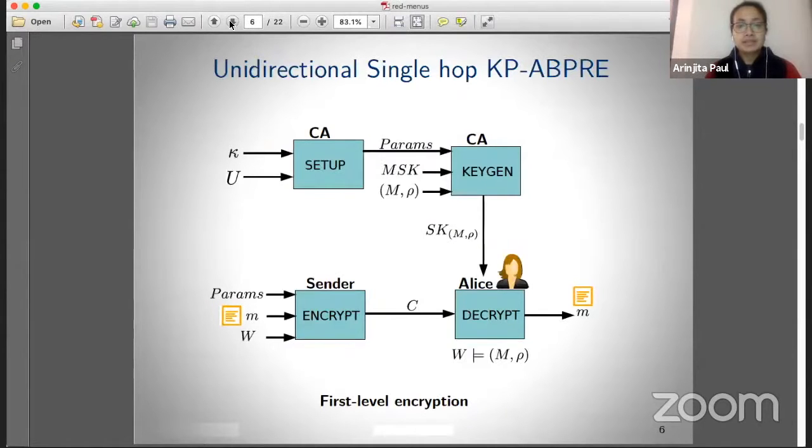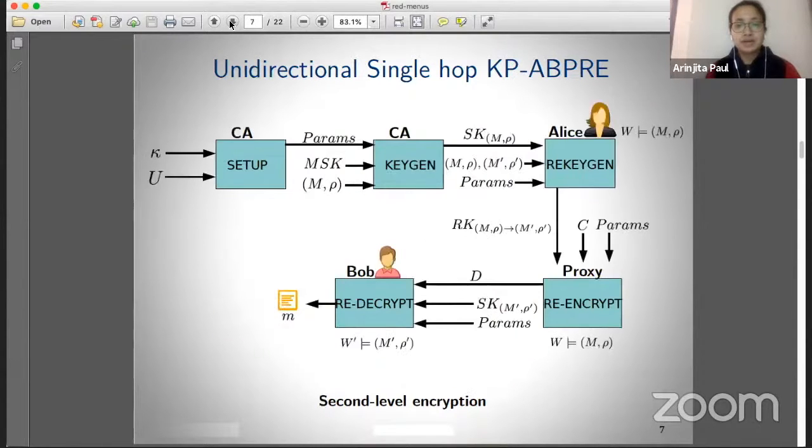So here is the typical scenario of a first level encryption. This is how the encryption syntax looks like in a public key setting. You have the setup, key generation, encryption, and decryption algorithms. When you wish to do a re-encryption of the ciphertext, you call the result a second level ciphertext.